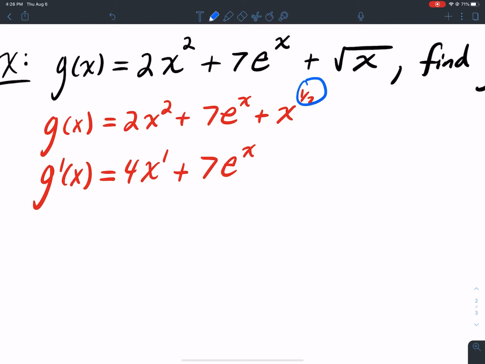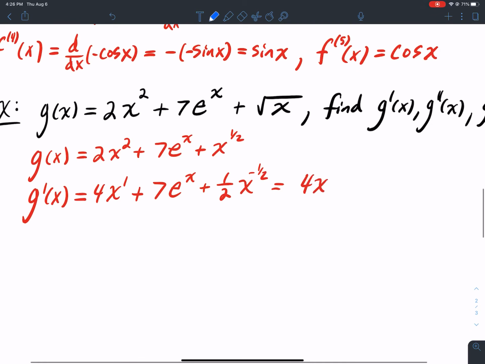And then what about here? This one's the tricky one, right? So this one I have 1/2. I bring 1/2 out to the front. But then I do what? I do 1/2 minus 1. That's the rule, right? 2 minus 1 got me the 1 there. So 1/2 minus 1 gets me negative 1/2. Ooh, interesting. I need to simplify this here.